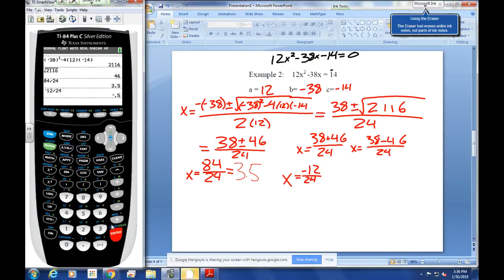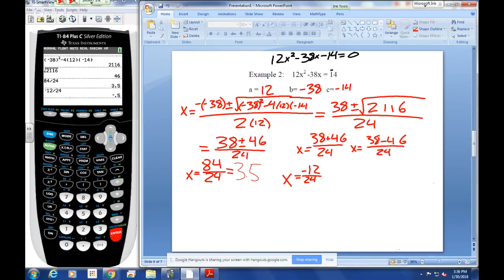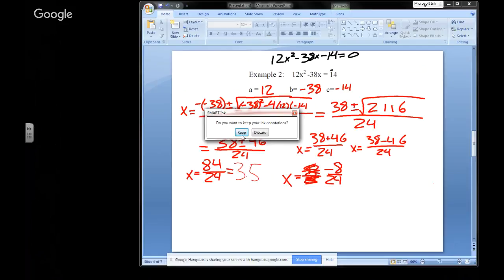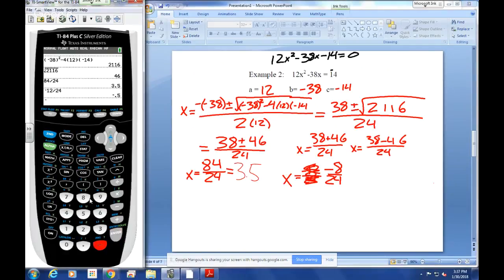and I did this wrong. That's not negative 12. That's negative 8. So here, instead, we want to have negative 8 divided by 24, which is going to give us a better answer.